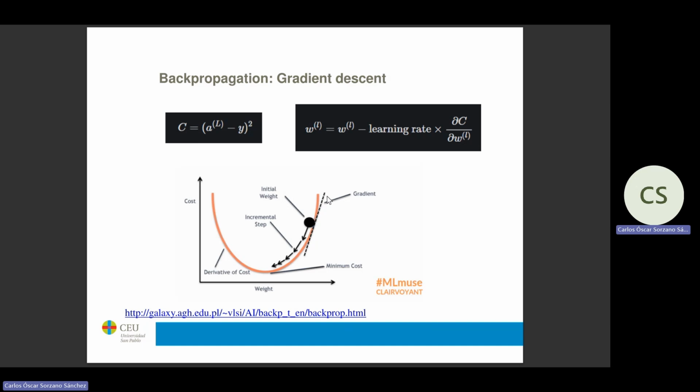Then you approximate the function C, so the red one, by a linear variety that is defined by the gradient. And then you advance a little bit in the direction of the gradient. And how much you advance is given by the learning rate. And then you go to here, and then you start the process again. So you approximate by the new gradient, and then you iterate, until you find a local minimum.